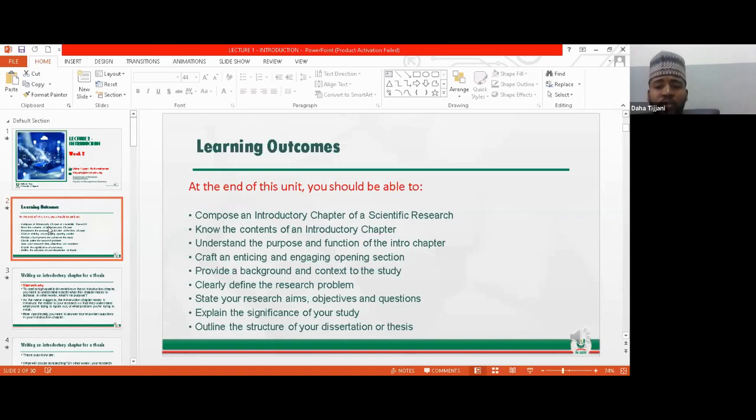Before I move into today's class, you can see that even before starting, I have mentioned the word dissertation and thesis. I want to categorically state that these two words are used interchangeably, but they mean two different things. While dissertation is more popular with people who are doing PhD, thesis is more common with people who are doing M.Sc or MBA.